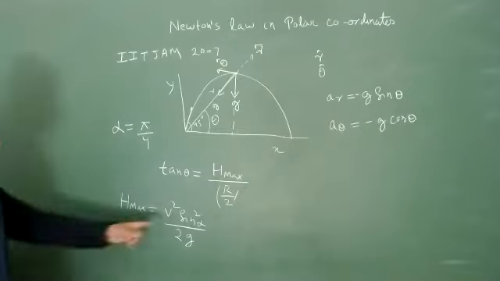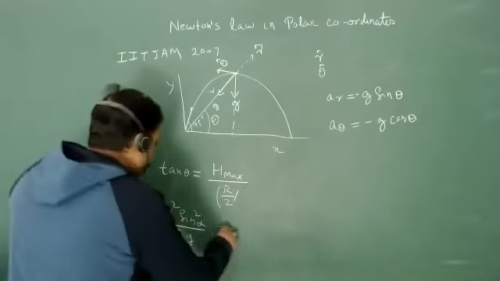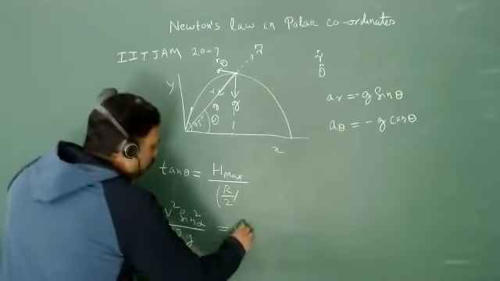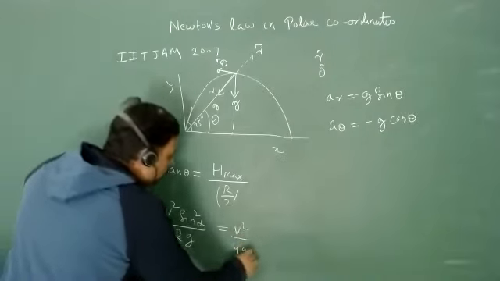This is your H maximum. So just put the value of H maximum. Alpha is equal to 45 degrees, so this will be V square upon 4G.